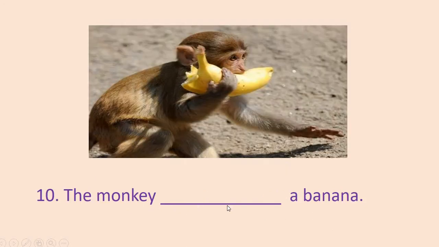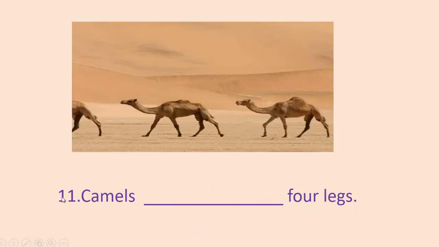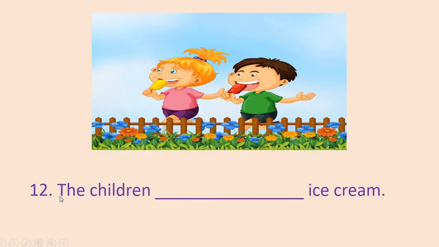The monkey has a banana. Number 11. Camels have 4 legs. Number 12. The children have ice cream.